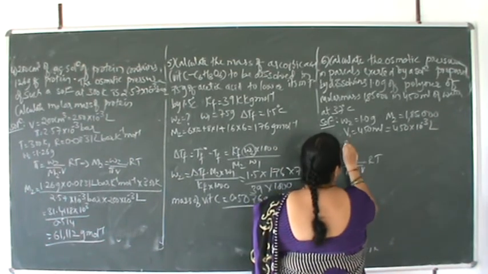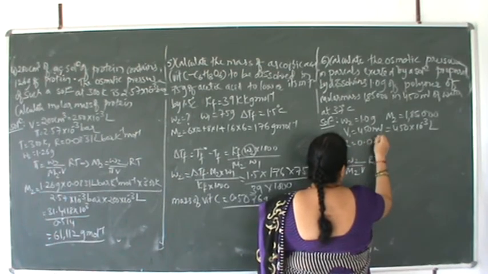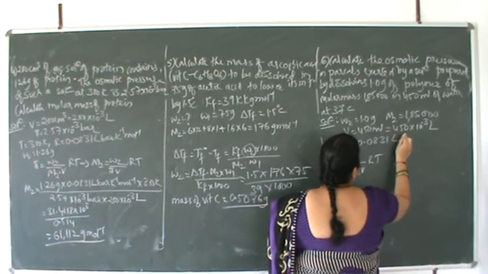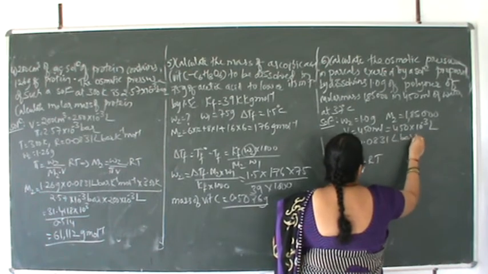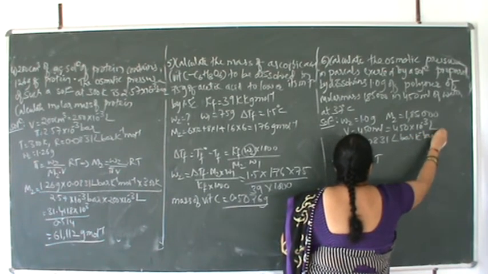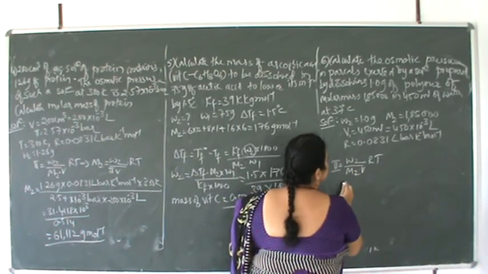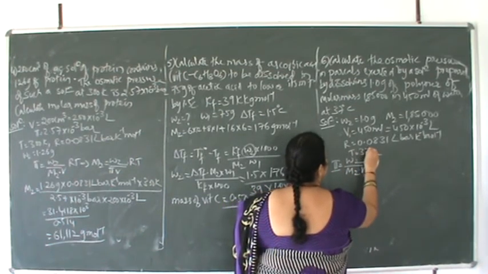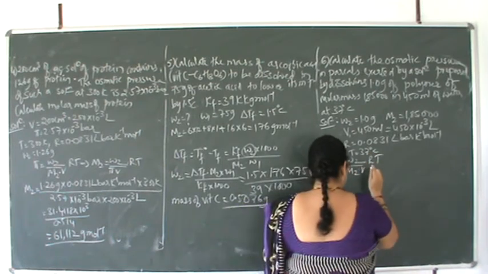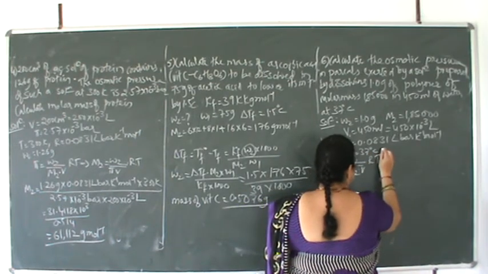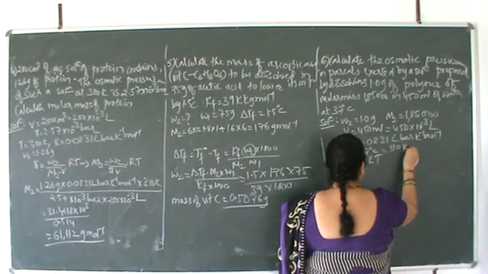Then R is equal to, we already know, 0.0831 liter bar per Kelvin per mole. In this, you want the quantity pi. T is equal to 37 degrees, and if you just add 273, it will be 310 Kelvin.